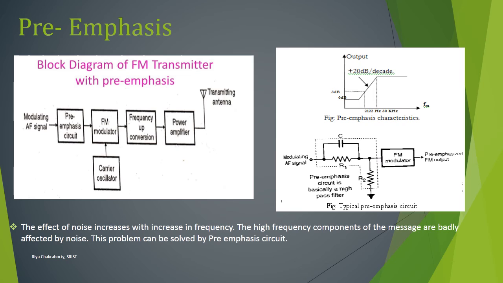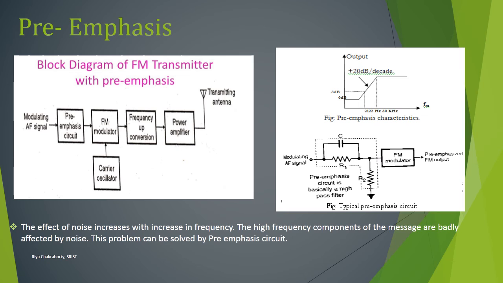The boosting is done according to a prearranged curve. You see here, the amount of pre-emphasis in US FM transmission, and sound transmission in TV, has been standardized at 75 microseconds.